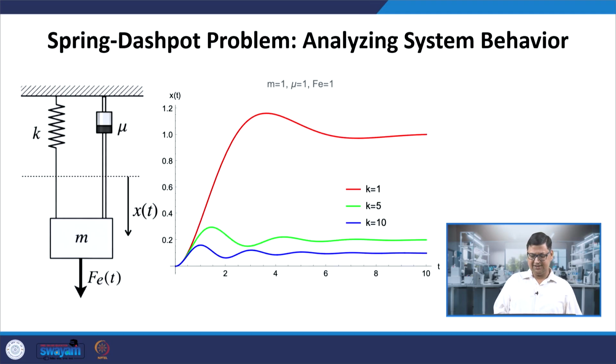I can go ahead and do it for different values of k, keeping the other parameters constant. And now you see that in this case, the oscillations are not changing by a great deal, but the final x value where the system is going is changing. Again, that is not very difficult to see.